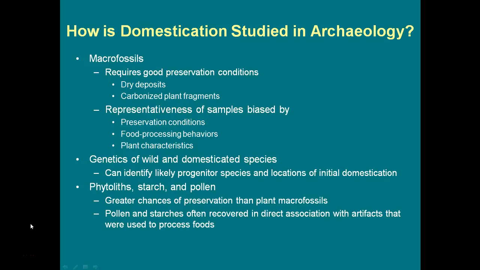All of these are microscopic, and there is a greater chance of preservation than there is of plant macrofossils, things that you can see with your naked eye. Pollen and starches are often recovered in direct association with artifacts that were used to process foods.